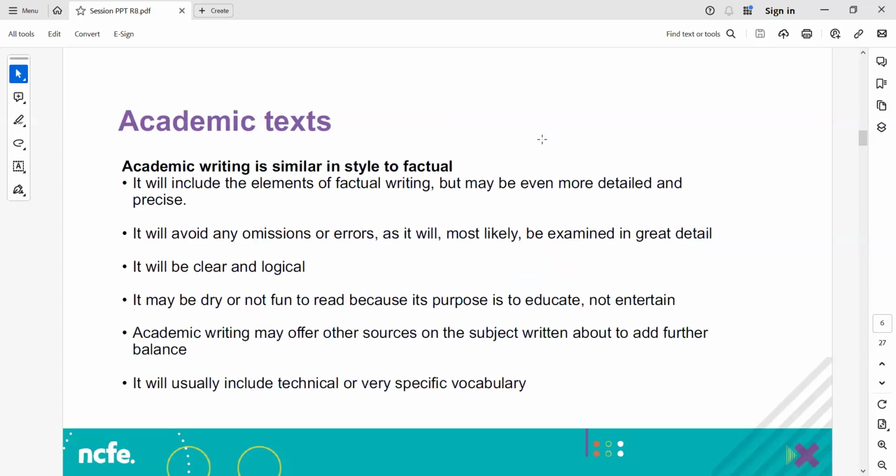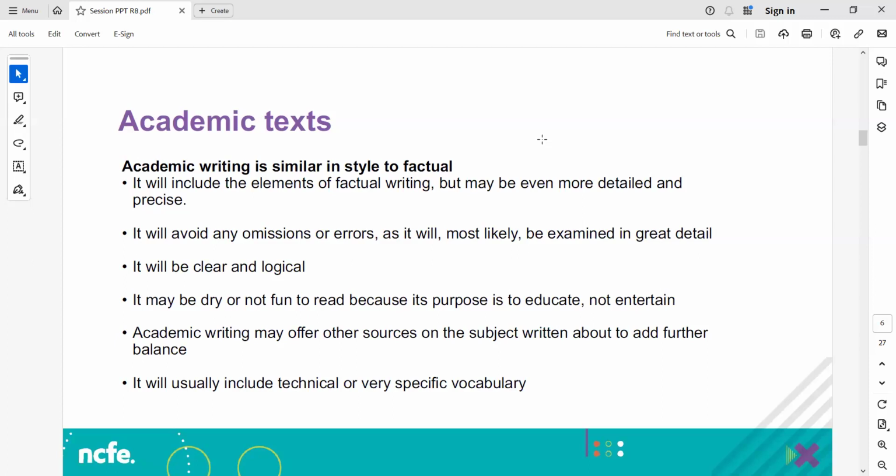So academic texts. It's similar in style to factual, and will include those elements that we've just looked at, but it may have even more detail and be even more precise. They will avoid omissions or errors because academic texts are generally examined in great detail by other academics.